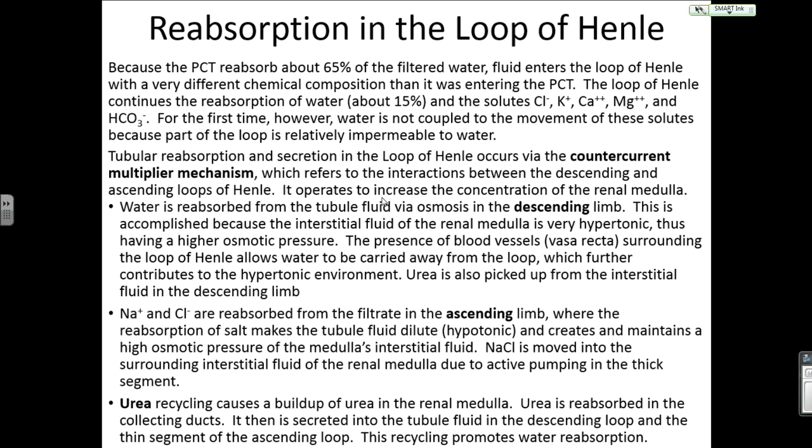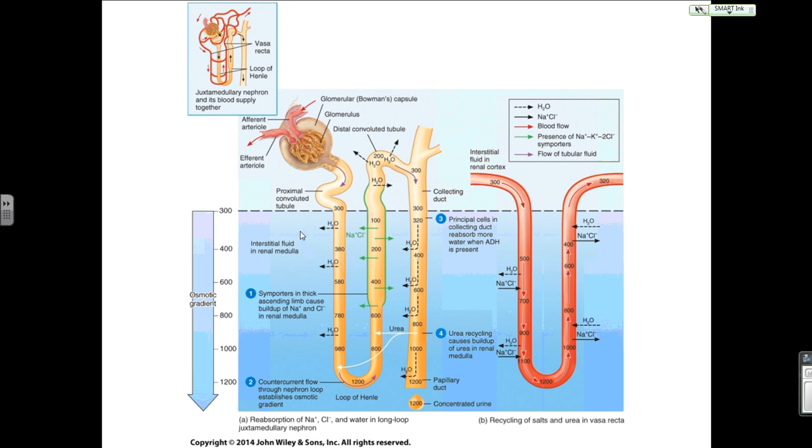This is because the interstitial fluid of the renal medulla is very hypertonic. The fluid that is found here in the renal medulla is extremely hypertonic. The larger the number, the higher the osmotic gradient, which means the more water basically wants to travel there.